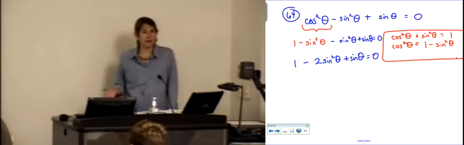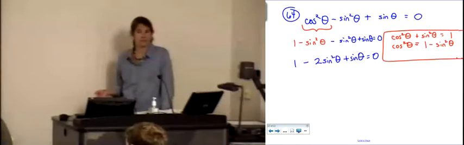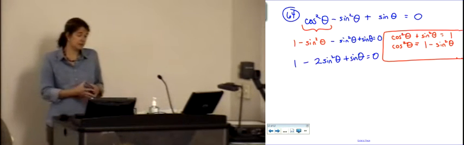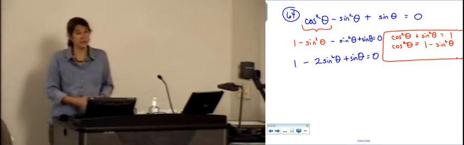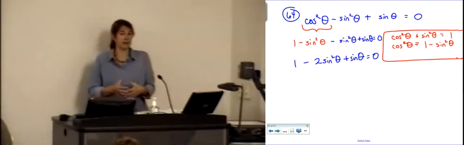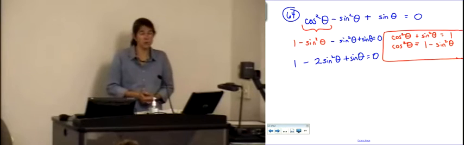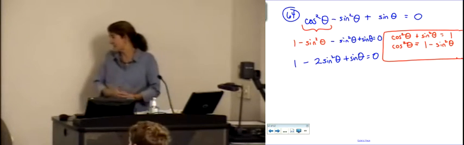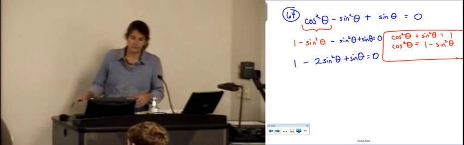Is this a quadratic type equation? Yes, it is, because I've still got that sine squared theta. And typically when we're working with the quadratic type equations, we want them to be in ascending or descending order as far as the powers of the variables are going. You know, we want to start with our x squared, and then our x, and then our constant, that sort of thing.